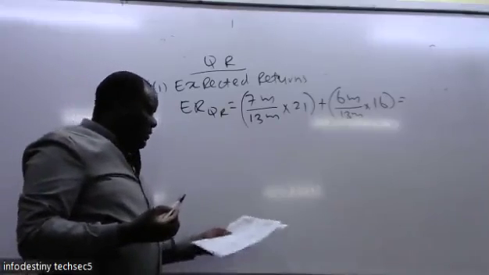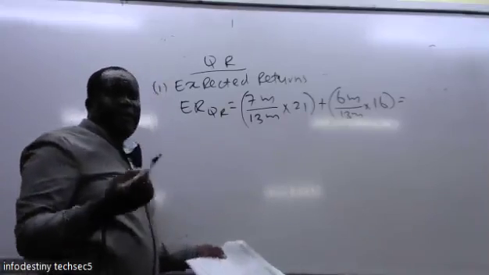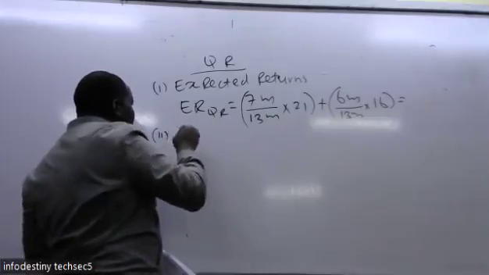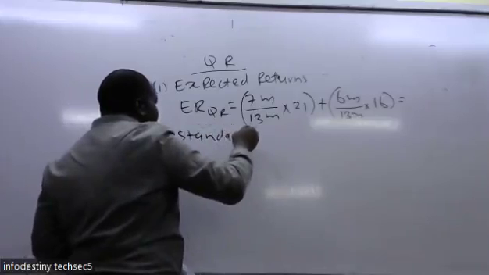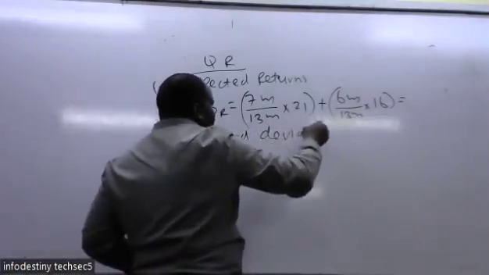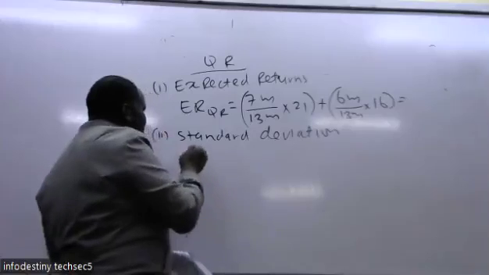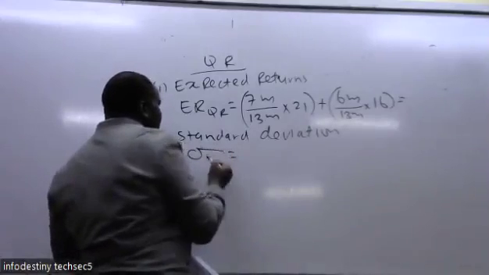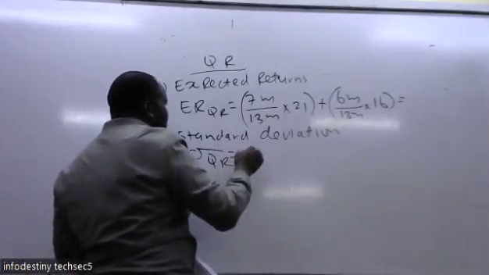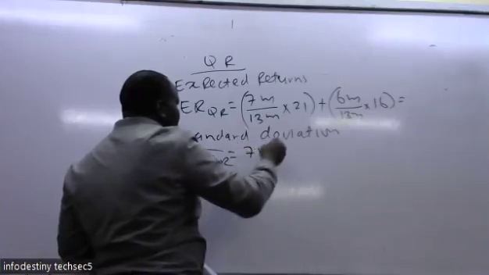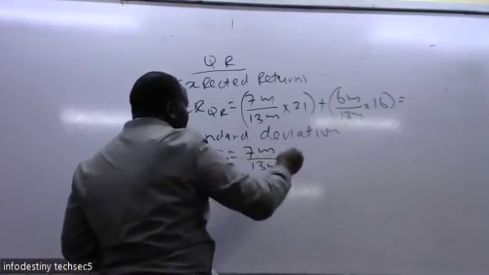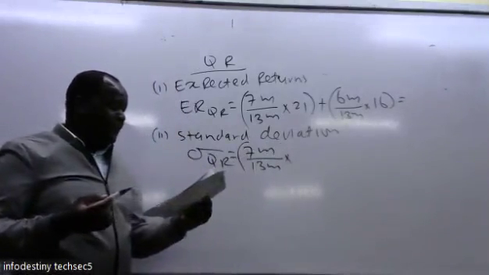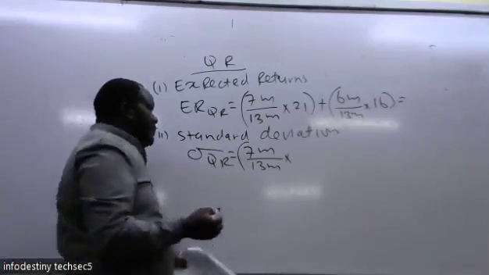Next, we also calculate the standard deviation. To get the standard deviation for the portfolio QR, we do the same: take 7 million, divide by 13 million, multiplied by the standard deviation for Q, which is 1.8.